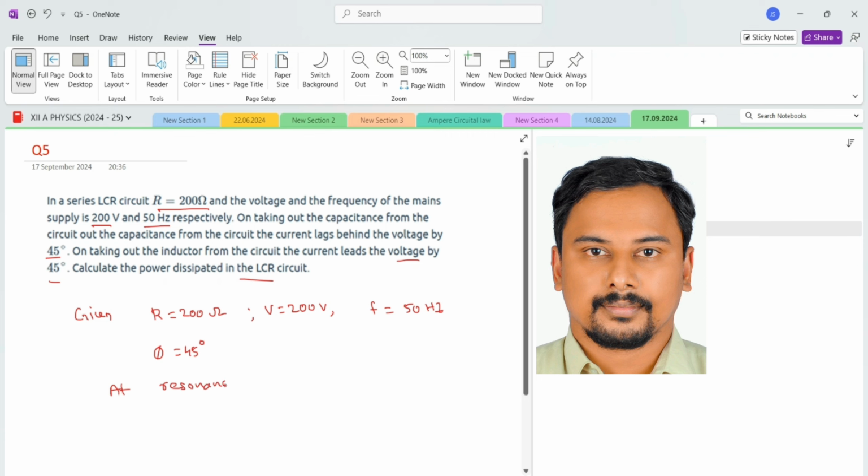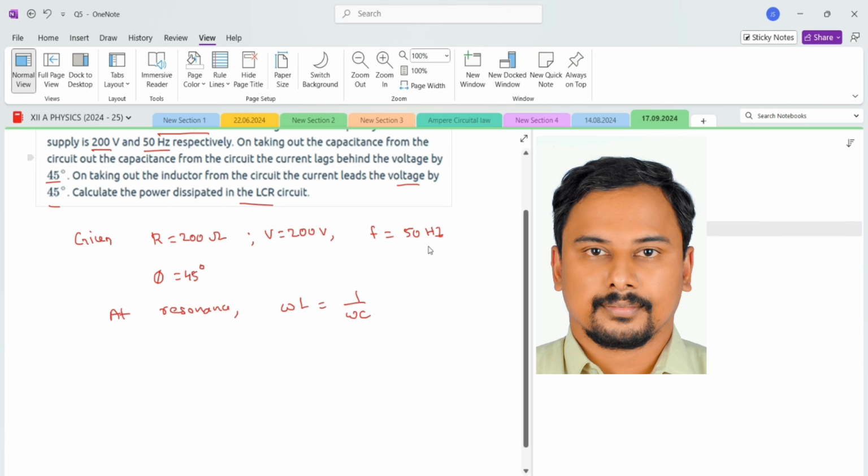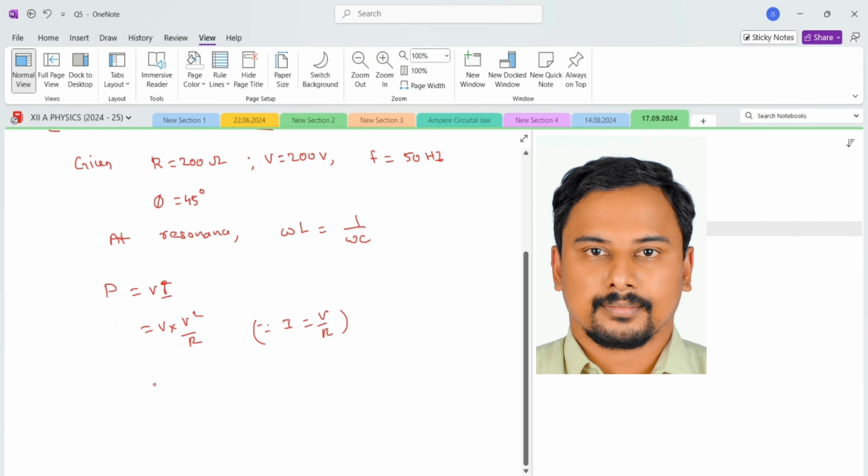What is the condition when the LCR circuit is in resonance? At resonance, omega L will be equal to 1 by omega C. So this is the resonance condition. Now, what is the power dissipated formula? V into I, which can be written as V square by R, since the current I is equal to V by R. If you substitute I is equal to V by R in place of I, V into V by R gives V square by R. So this is the power.